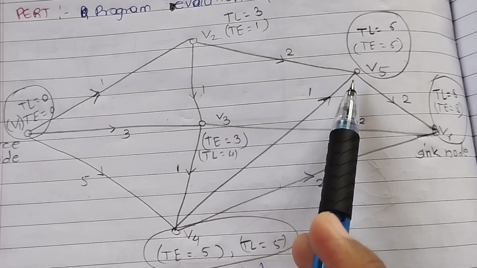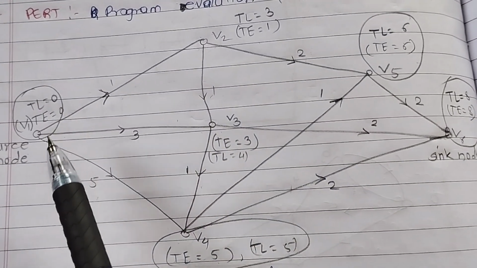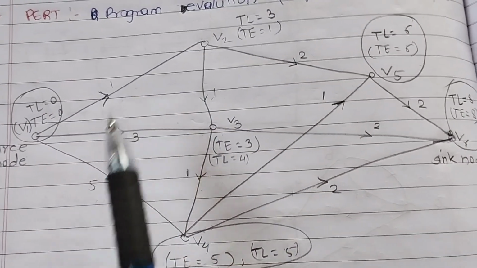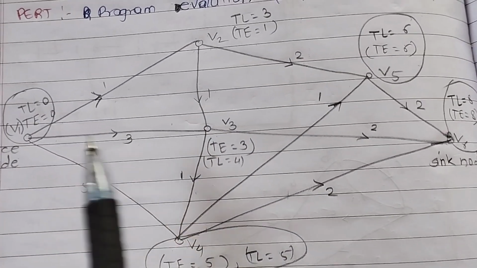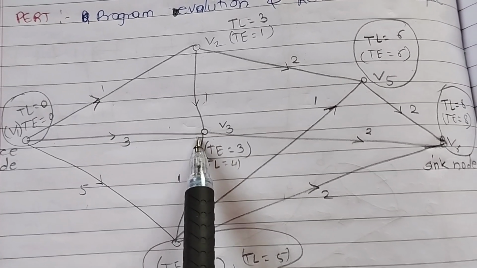Now for V5, the possible ways are: first go from V1 to V2, V2 to V5, the count is 3. Going from V1 to V3 is not possible.